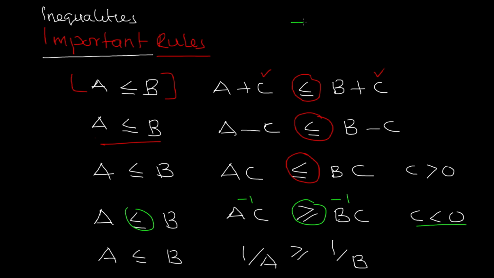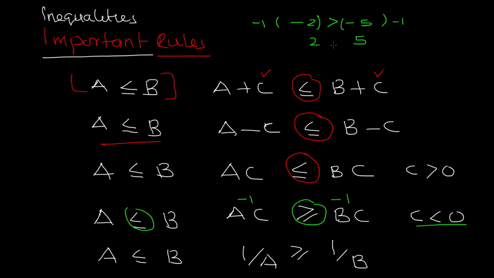If I had -2 greater than -5, and I multiply this side with -1 and this side with -1, let's look at what will change in terms of the numbers. Here it's minus and minus, so we get 2. Here it's negative and negative, then we get 5.